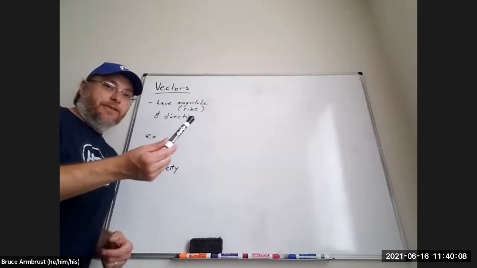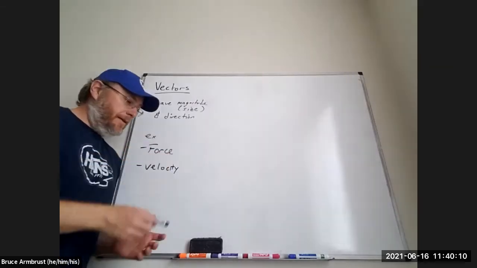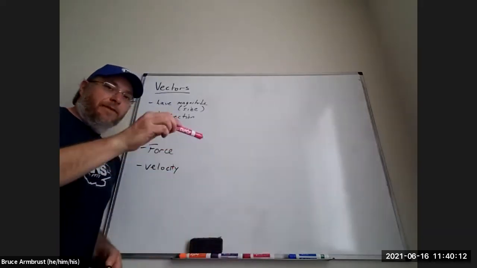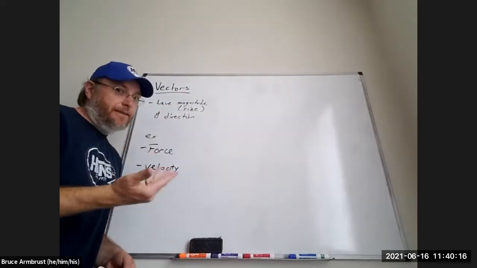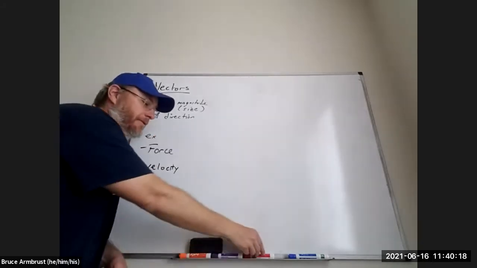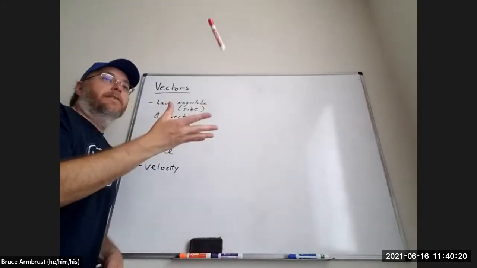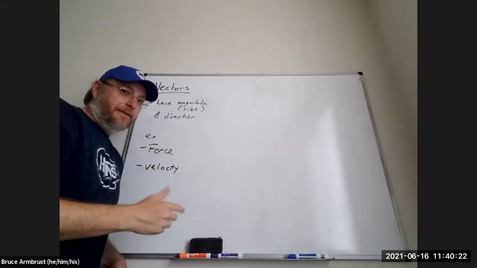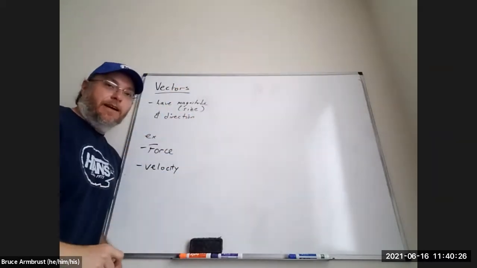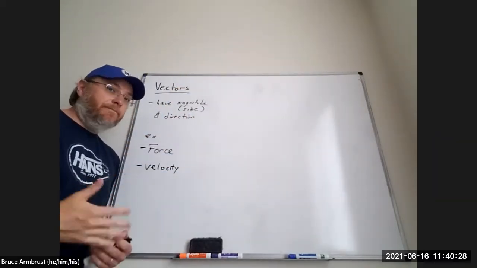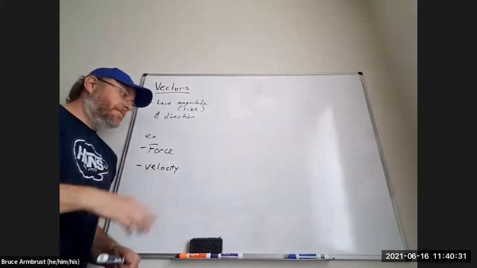Because if I'm going to try to describe the motion of this pen, there's a difference between that, it had some speed, right? But it was falling down, as opposed to this, right? So I gave it velocity upward as opposed to velocity downward. So velocity is also a vector.